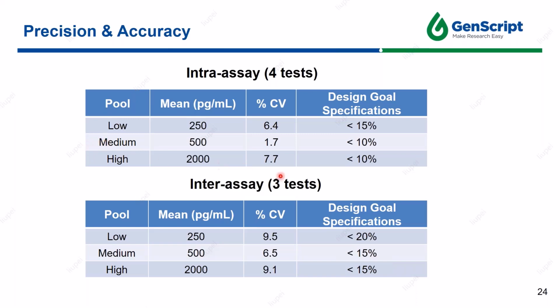To provide reliable estimates, we evaluate both the intra-assay and the inter-assay. Our tests are better than the FDA requirements. Sometimes the FDA requirement is about 10%. We are higher than their requirements.